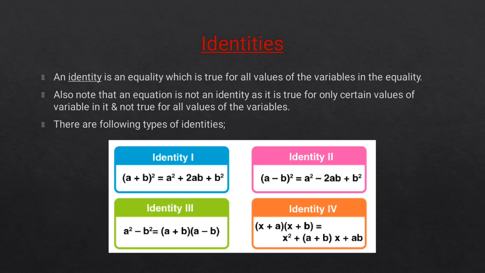And the fourth one says x plus a into x plus b is equal to x square plus a plus b into x plus ab. Well, here the first three identities are known as standard identities as they are obtained by multiplying one binomial by another binomial.